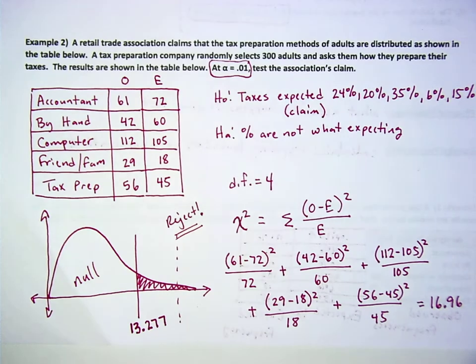Did you guys get 16.96? Mitchell, did you get 16.96? Let me see. Okay, so it's because your square is inside the parentheses.